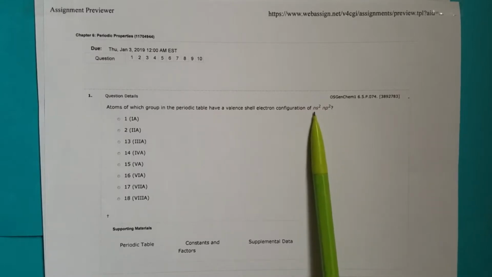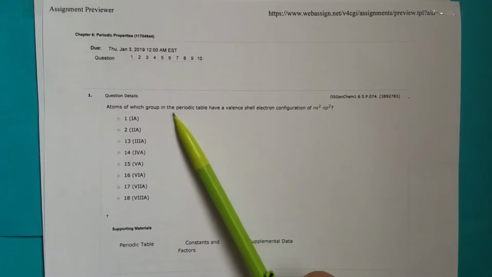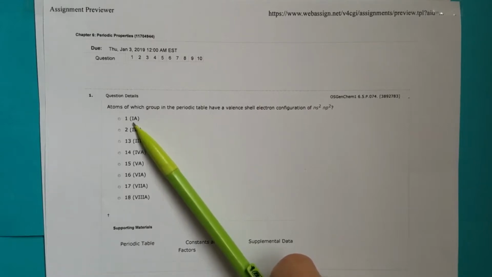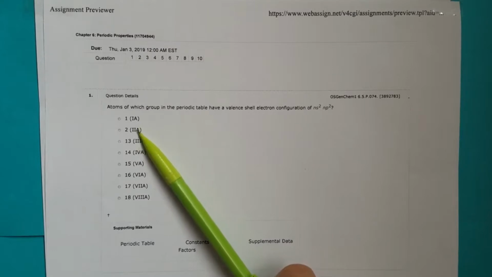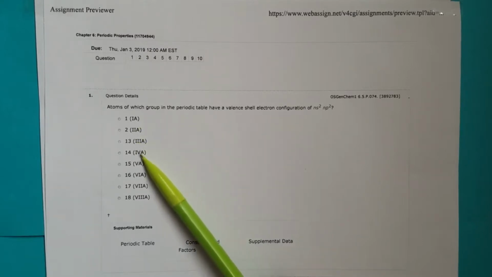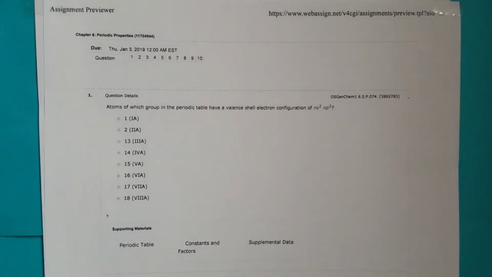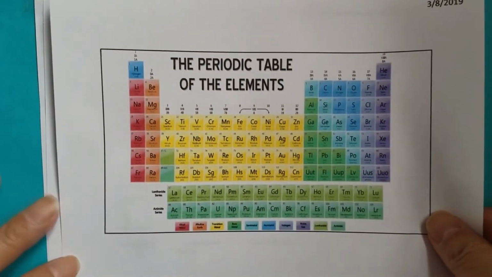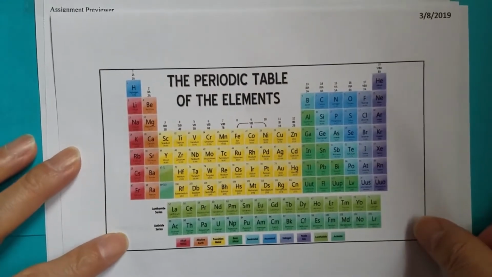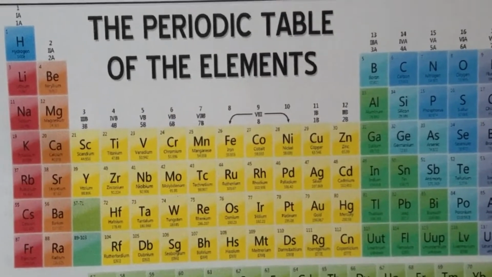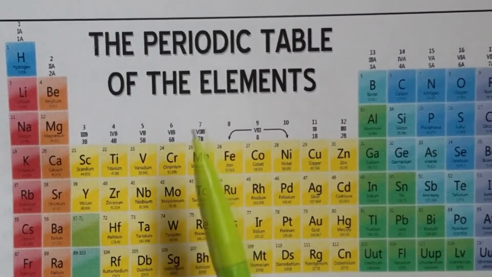Okay, so let's look at those choices here. You see you have 1A, 2A, 3A, and so on and so forth. Those are Roman numerals. Let's take a look at a copy of the periodic table.